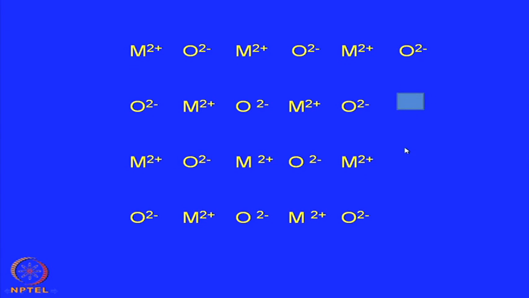We need not consider these two unless another metal or oxygen has been added there. However, we have to consider this one 1:1, that means, if you have created one oxygen lattice site, you have to create a metal lattice site also, but since the metal is actually not there in reality, that has to be considered as a vacancy.